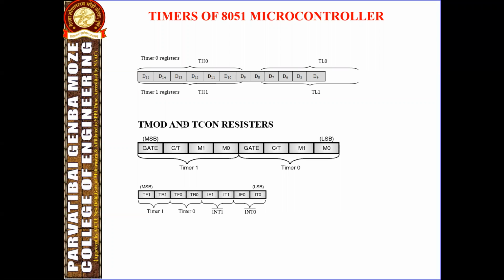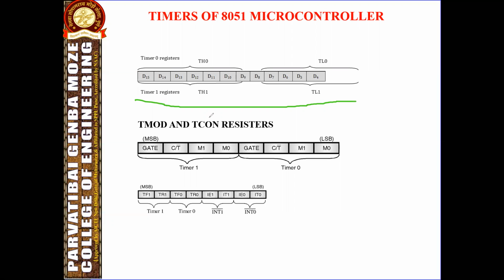Here the timer or counter registers are divided into two 8-bit registers. One is called TL0 and another is called TL1, and then TH0 and TH1.